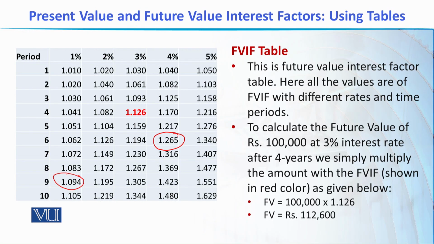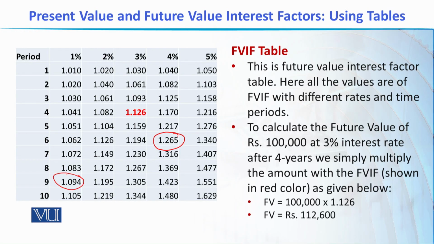Now, to calculate the future value of, let's say, 100,000 rupees at 3% rate of interest after a period of 4 years, we'll simply see what is the value. If you have a look at the table, you would see it in red color. The value under 3% in front of 4 years is 1.126.